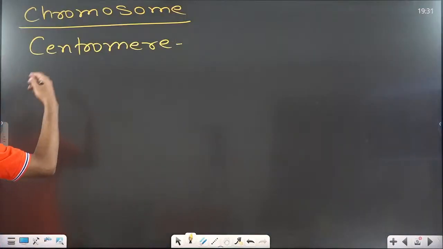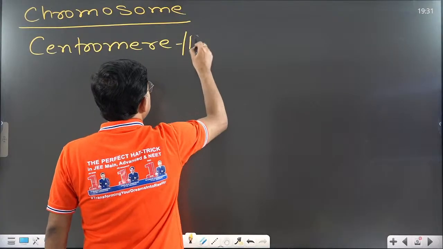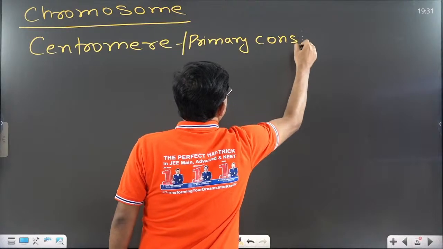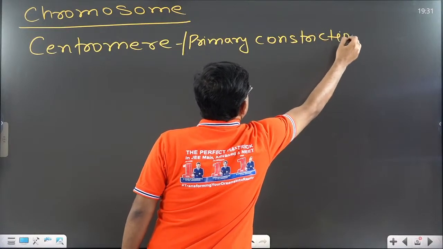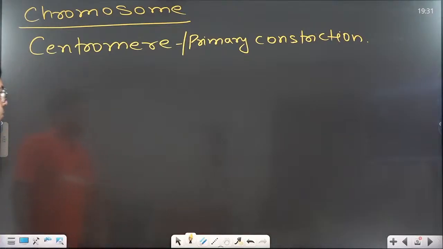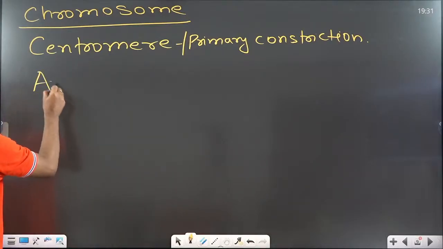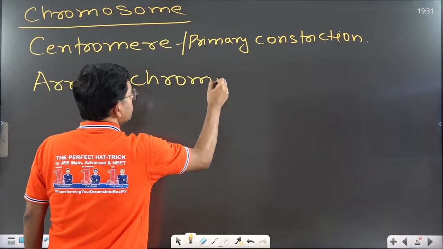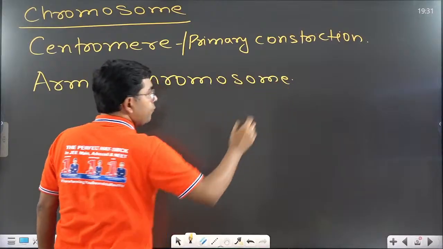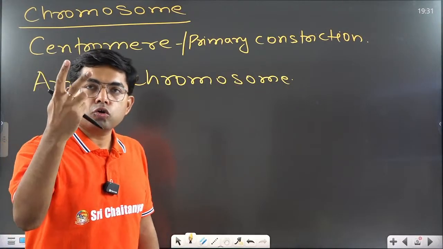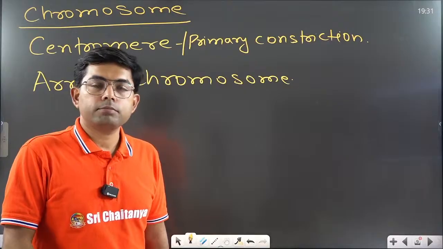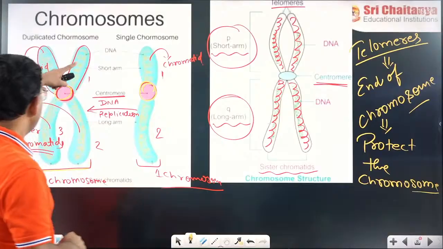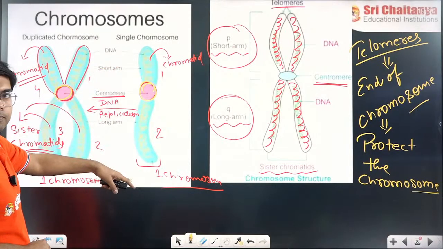Then the centromere is also called the primary constriction. Then, second is the arm of the chromosome. So again, if a chromosome has 2 chromatids, how many arms? 4 arms. If it has 1 chromatid, then 2 arms, right?